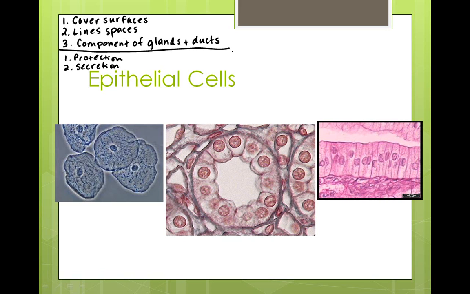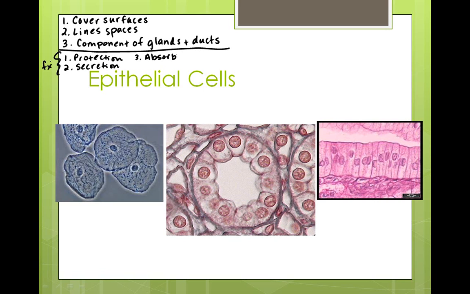Another could be almost as protection as well from microbes and bacteria and viruses that try to invade the body. And then the third is to absorb substances. So these here are the basic functions of epithelial tissue.